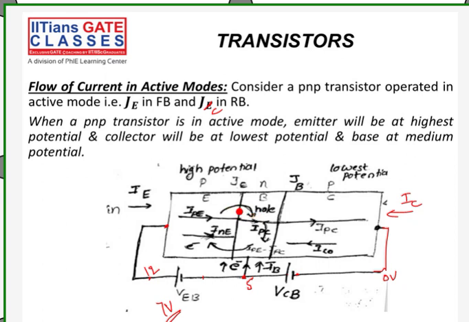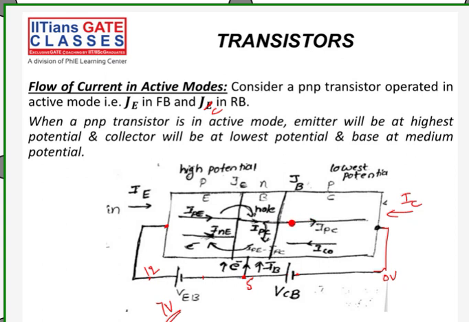Because it is forward biased, diffusion takes place. So these majority charge carriers, which are holes, will diffuse into the N type semiconductor, that is base. These majority charge carriers will be coming in base region, crossing the base region and reaching the collector region. How it is, that we'll see.